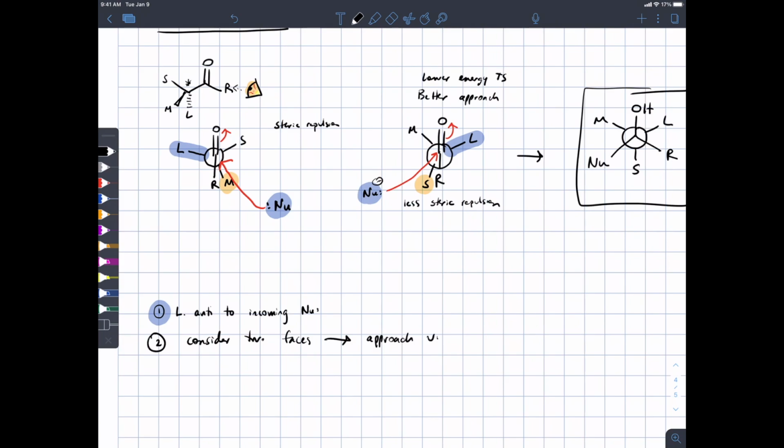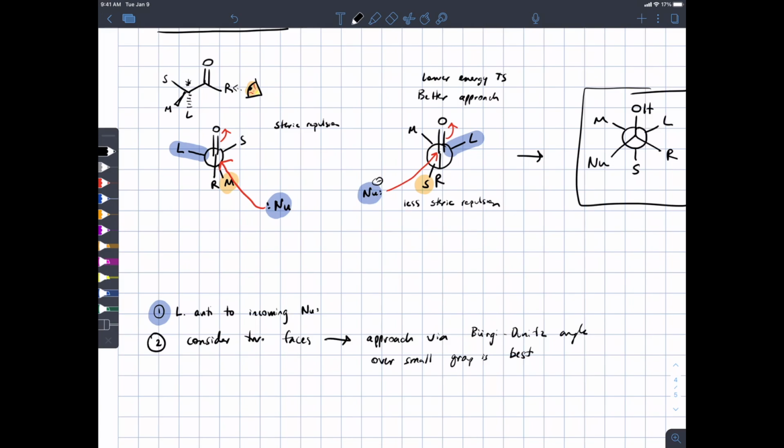Approach via the Bürgi-Dunitz angle over the small group is best. And then that will tell you which face you add to. Okay, so this is one technique you can use: an existing stereocenter in the molecule to set the stereocenter at the adjacent carbonyl. All right.